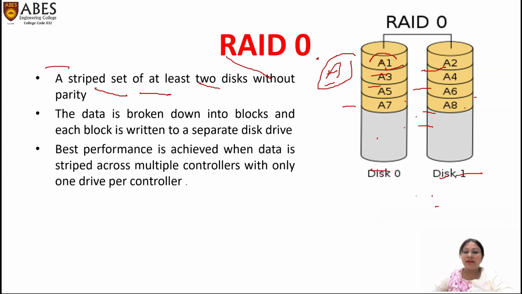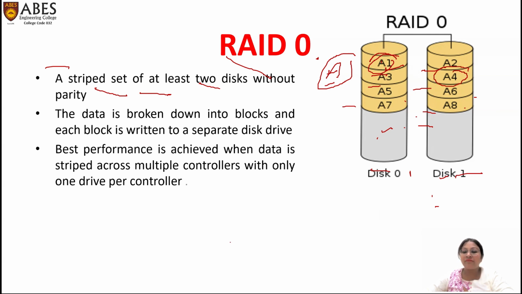By breaking the data into different blocks, each block is stored in separate disks. By this method, the performance of our access increases, as if one user wants to access A1, then he has to fetch the data from disk 0, and if one wants to access A4, then he or she gets the data from disk 1.